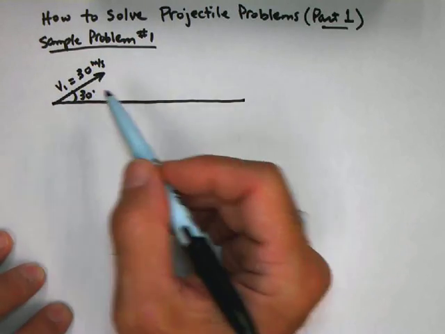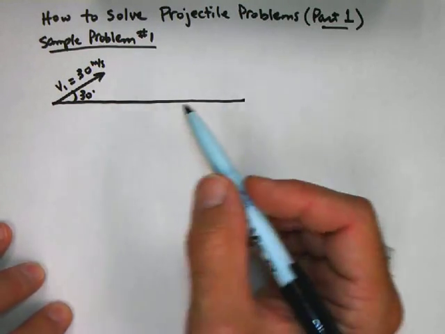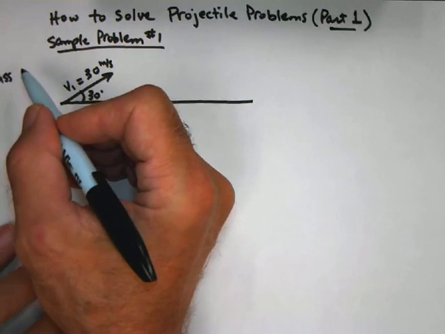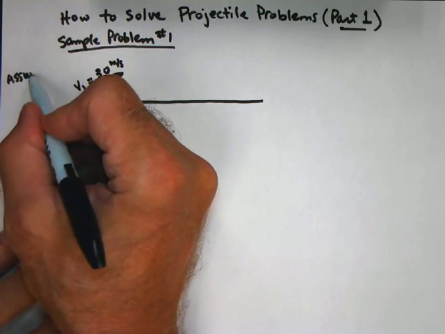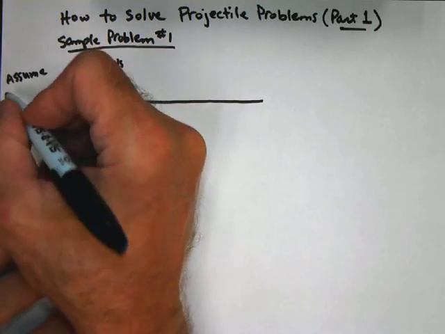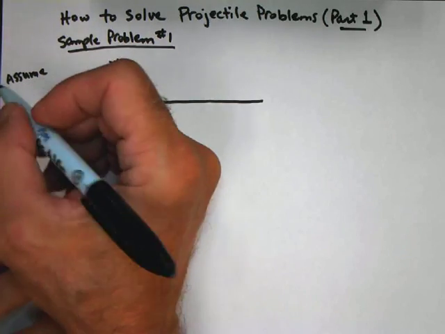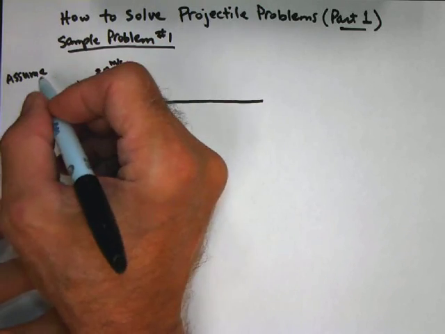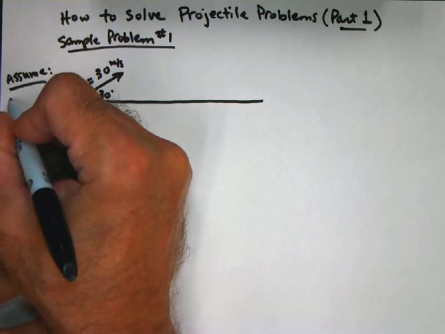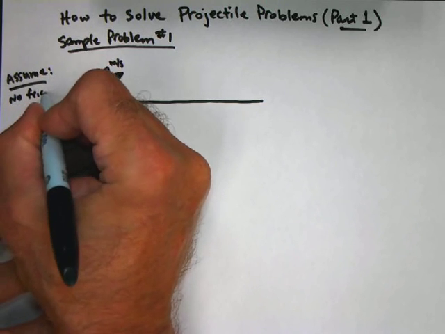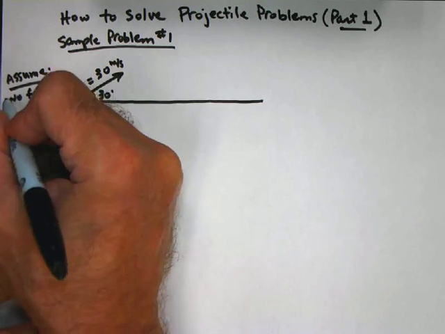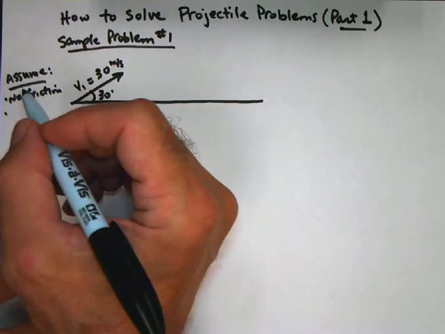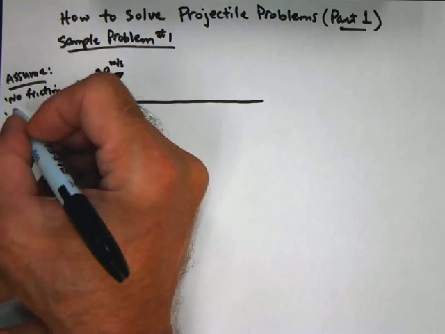And the thing about projectile problems is we're going to assume, for the most part, that there's no friction, no air resistance. We're also going to assume the only force acting on a projectile is gravity.